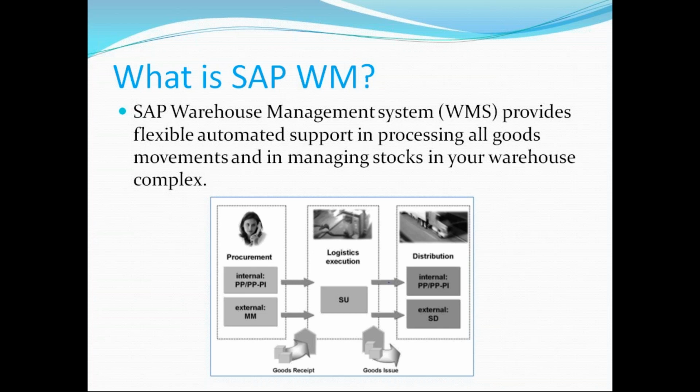For getting the product from the external vendor, you will create the purchase order in the system, and then you will have the acknowledgement from the vendor. The main importance of acknowledgement is that the purchase order is the legal document between the receiving plant as well as the supplying plant.